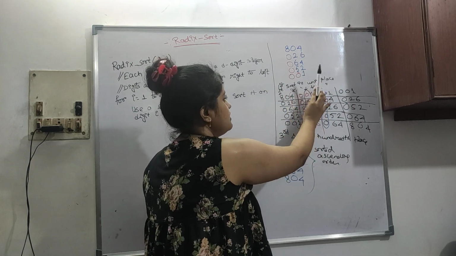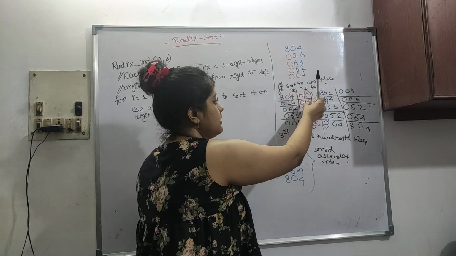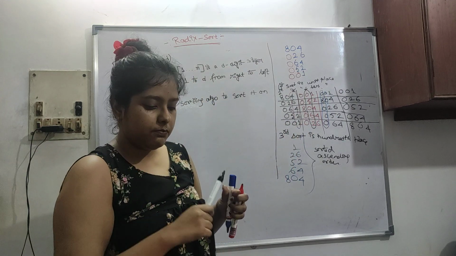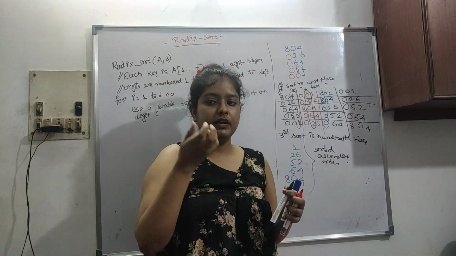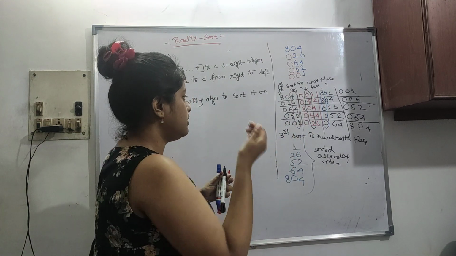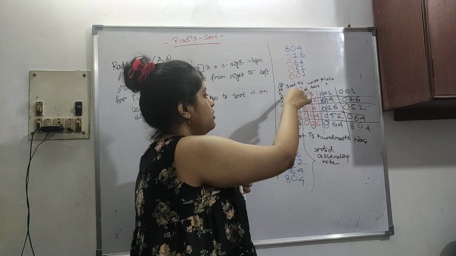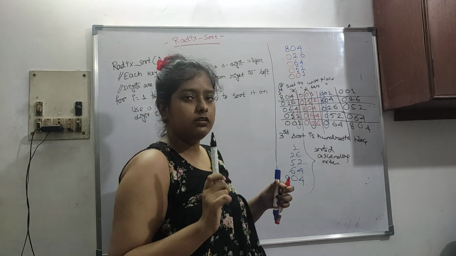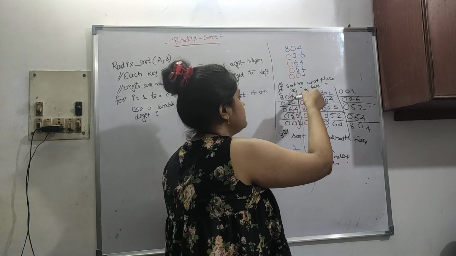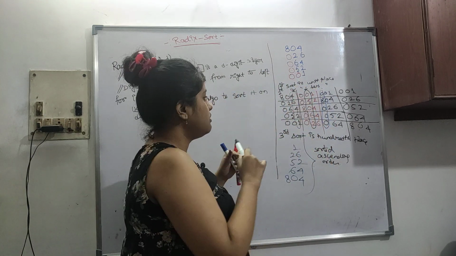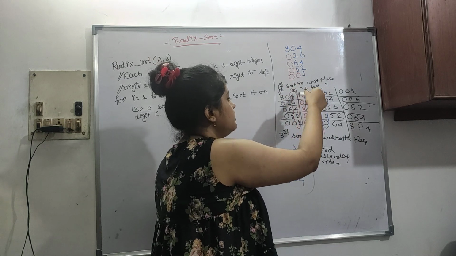Once the units place is done, don't check the old array, just check the next place. This is very important. You may make an error here: after doing units place, this is our new array, so we have to check this again, otherwise it is wrong.